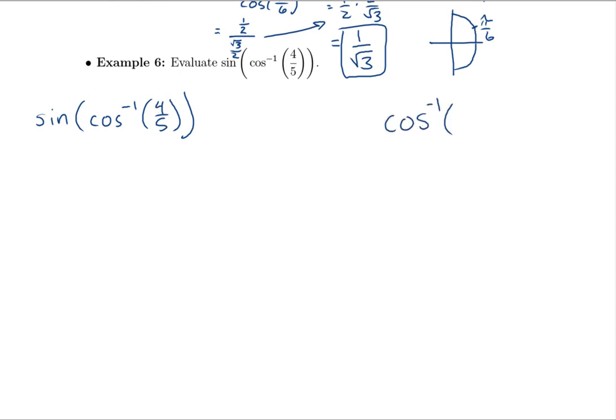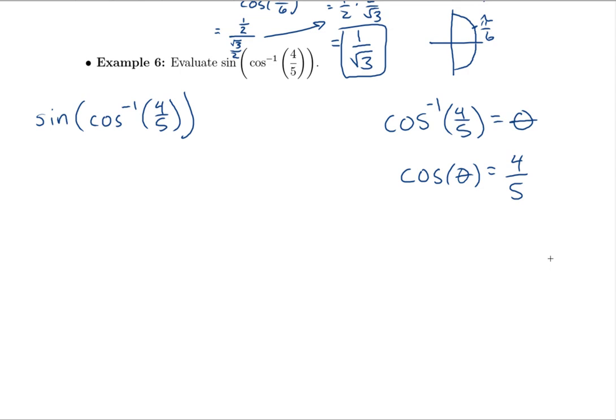The cosine inverse of 4/5 is equal to some angle, which means the cosine of that angle is 4/5. But on the unit circle, 4/5 is not a special value for cosine, so I don't want to think about this in terms of the unit circle in order to get a nice exact answer.